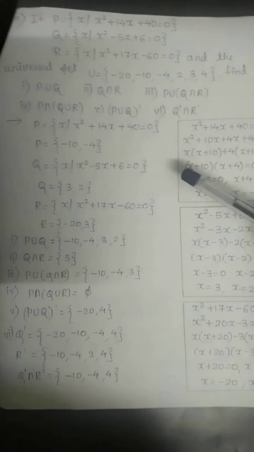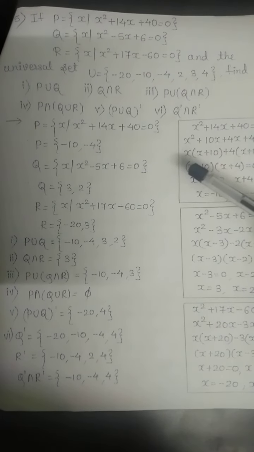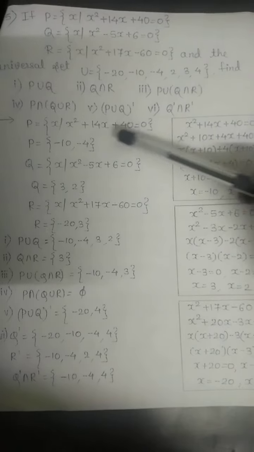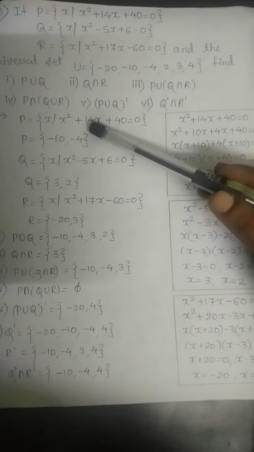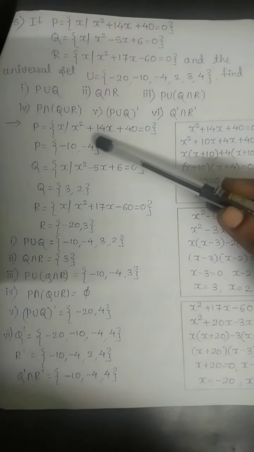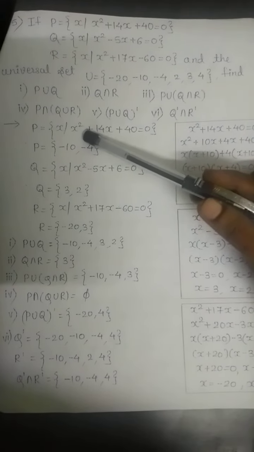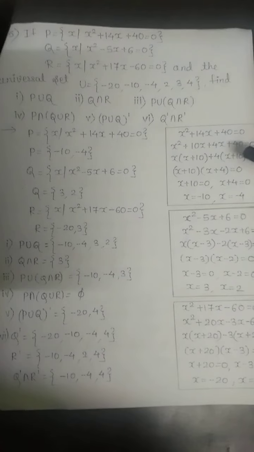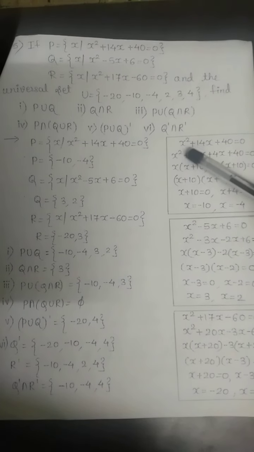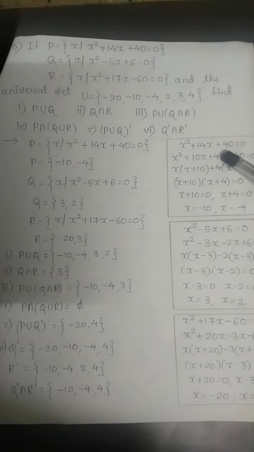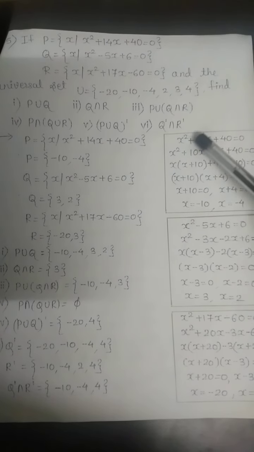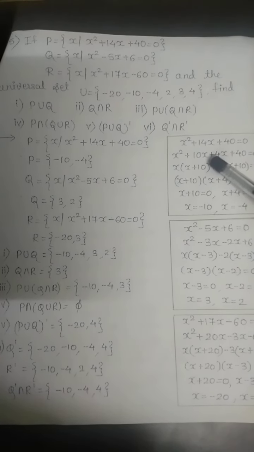Now here first we will write P, Q and R in listing form. So first we start with P. Here we have the quadratic equation x square plus 14x plus 40 is equal to 0. Now we are going to split the middle term.